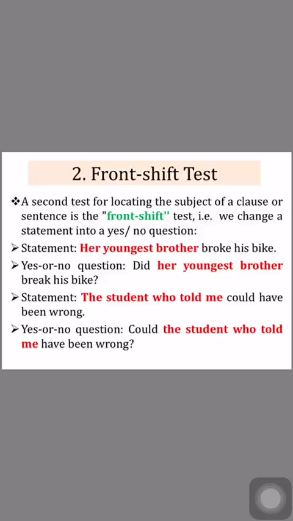A way of testing or identifying the subject within a sentence is the front shift test. What does this mean? You know that we have different kinds of sentences in English. We have the statement, we have questions, as well as imperative sentences.